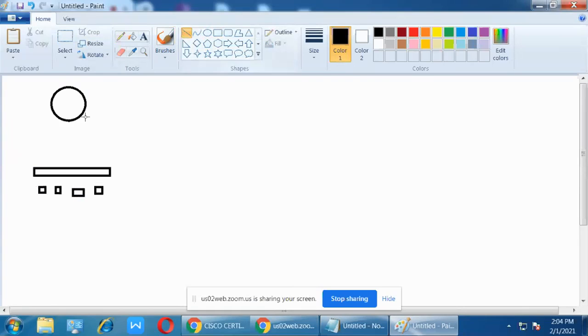So one cable is connected to the switch and the switch to the PCs. So from here to here, that is my LAN.